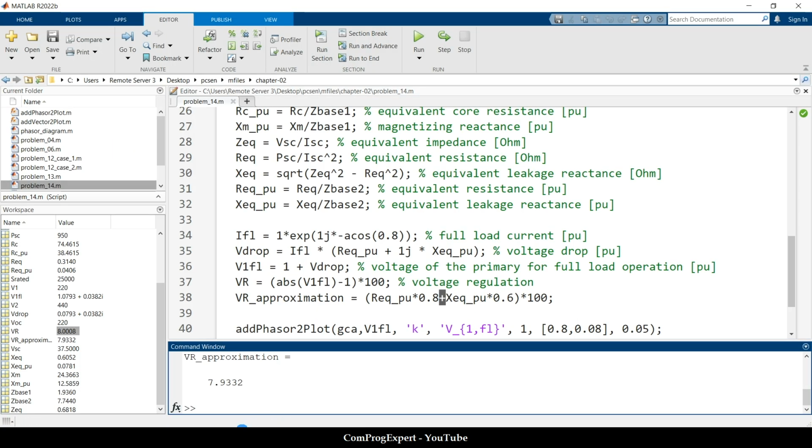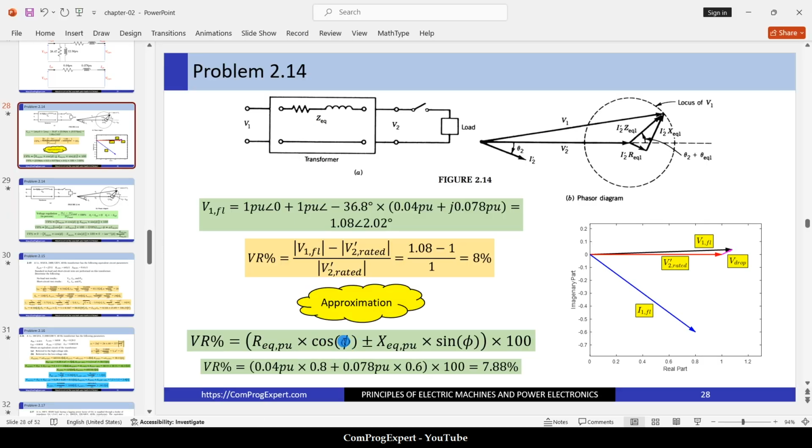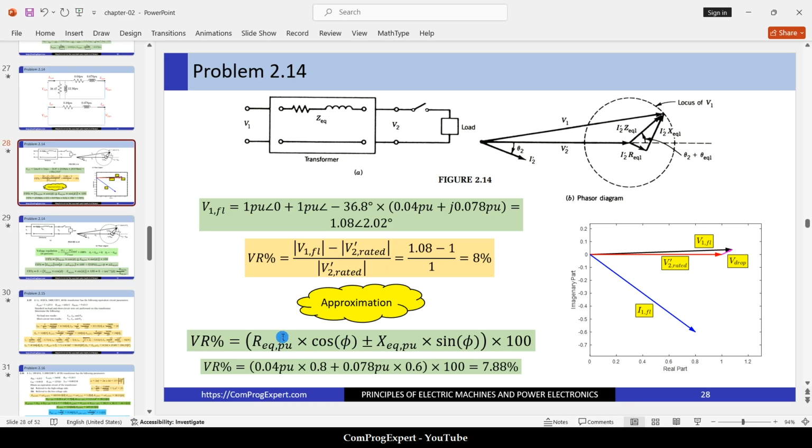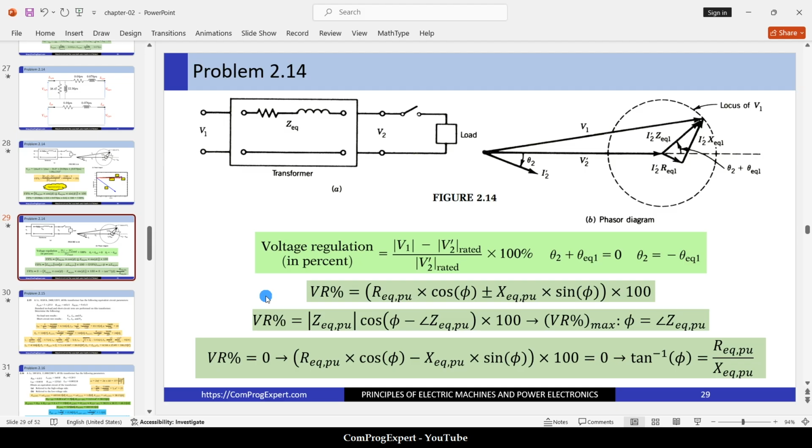So for the leading power factor, you should consider a negative sign, because we considered phi as the angle between the voltage and current phasors. So using this approximation, we can derive these two equations.